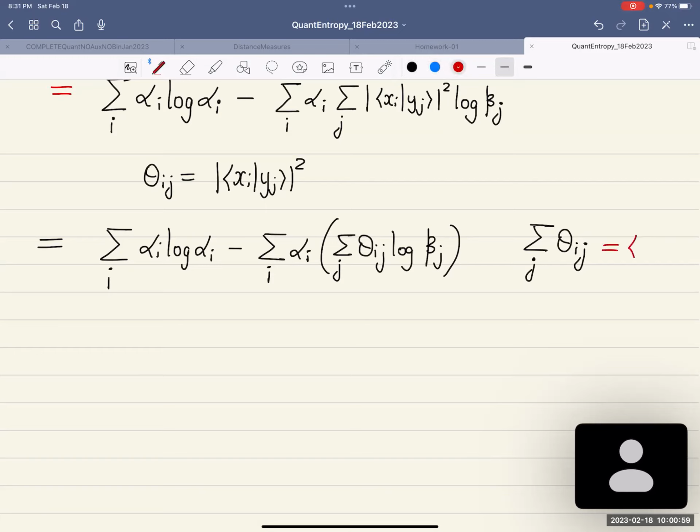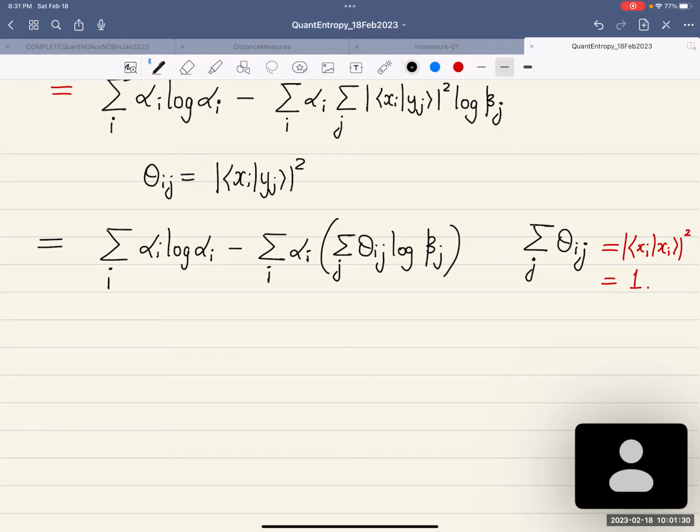Claim this is |xi| whole square, because I'm summing over j, right? So I sum over all the coefficients of xi in the basis yj. So this is 1, correct? Because I'm summing all the squared coefficients of the vector xi in the basis yj. So it's 1.